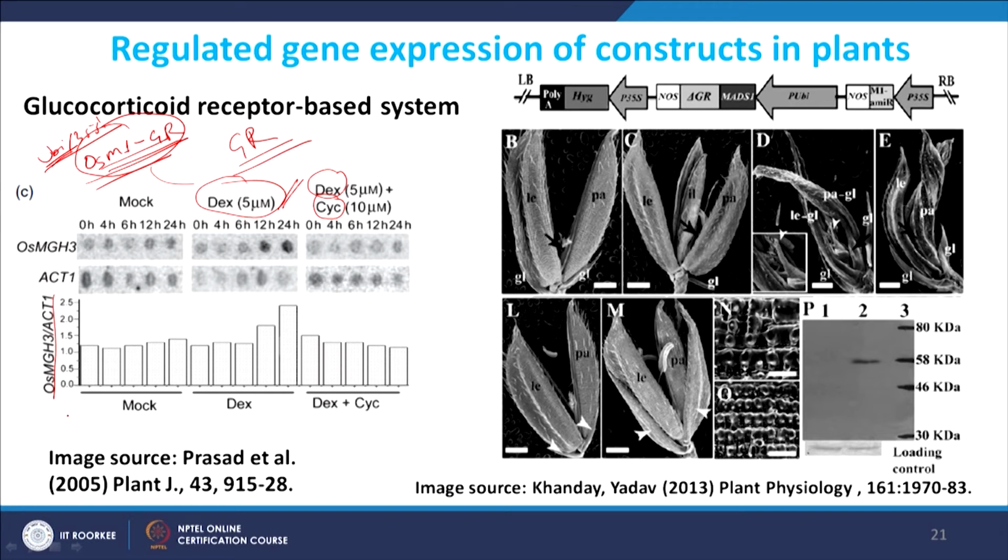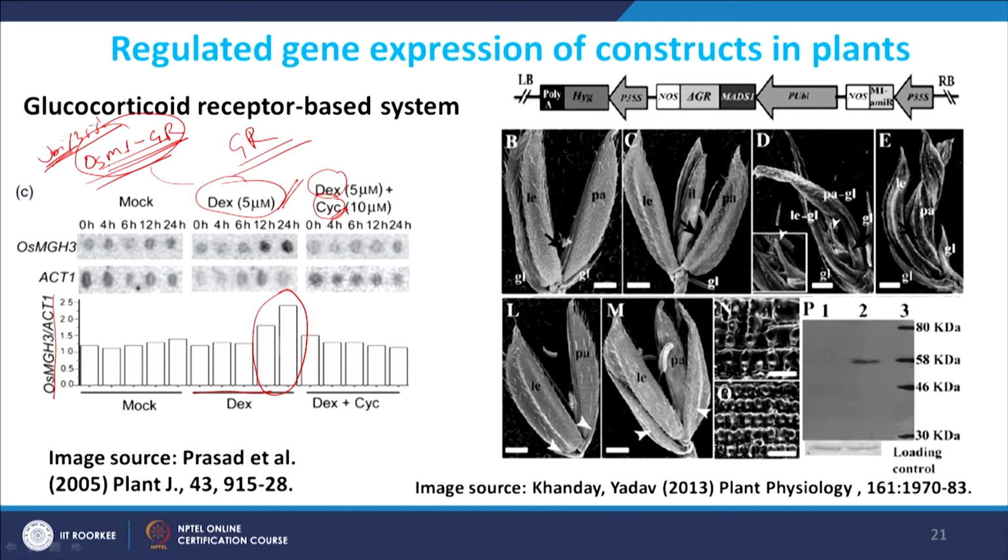When you treat with dexamethasone, at a particular time point the expression level of OSM-GH3 goes up, which means MATS1 is sufficient to activate OSM-GH3. But cycloheximide is a protein synthesis inhibitor, so it will not allow new protein to be synthesized.